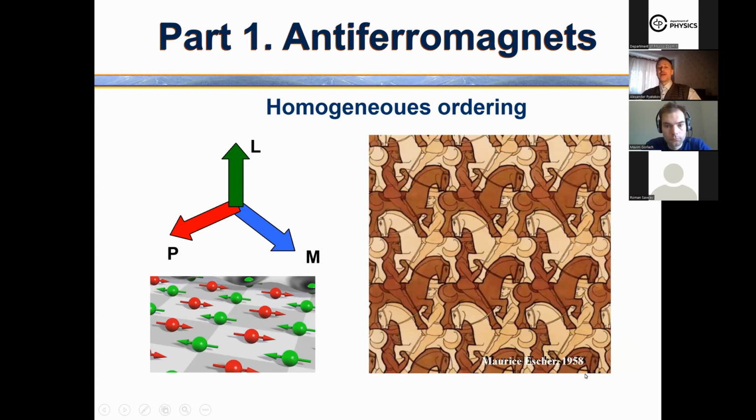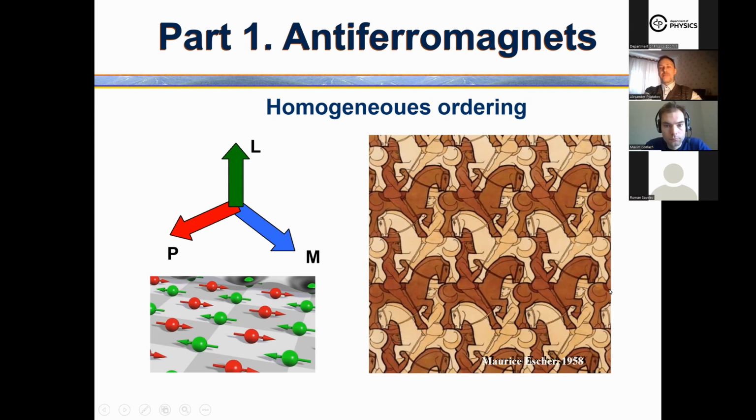He's a well-known Dutch graphic artist, and he was also well known for his paradoxical prints.